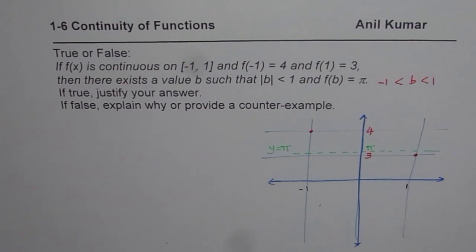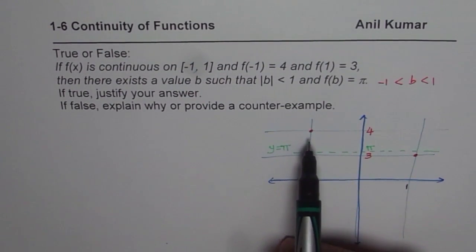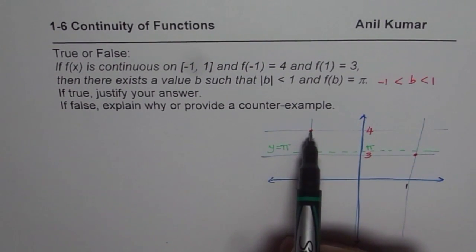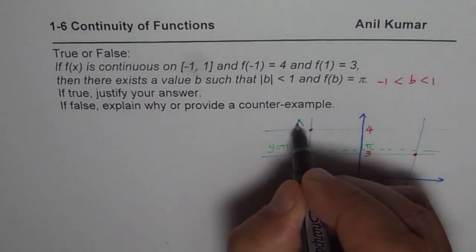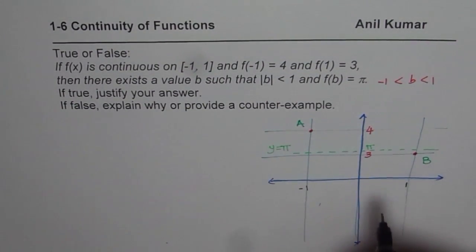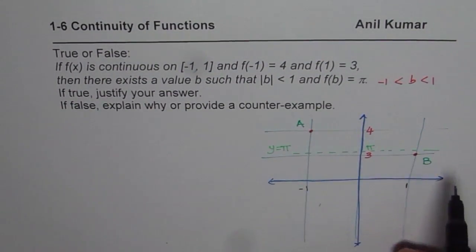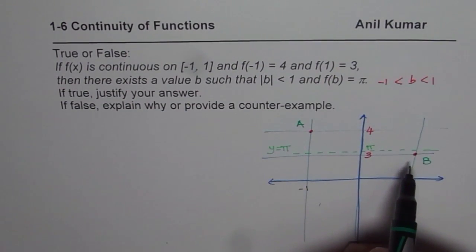If it is true, then justify your answer. So let's try to justify. What do you think? Is it true or false? Now, if I try to connect from point A to point B, let's say this point is A and this point is B, with a continuous function, I could connect it with a straight line, correct?